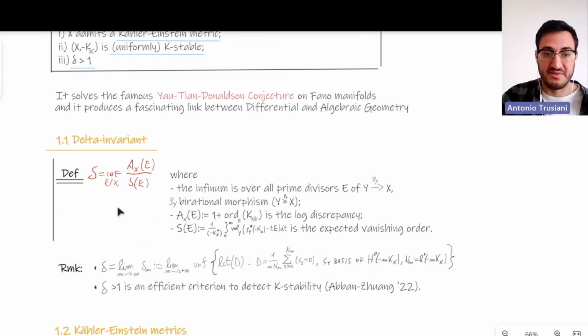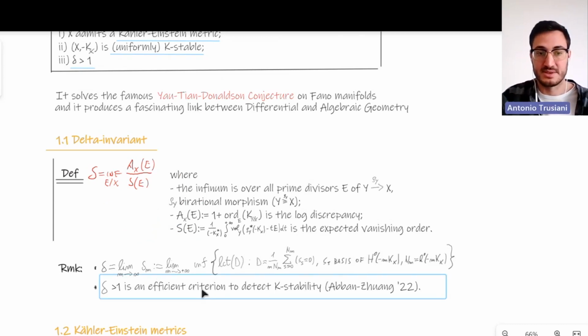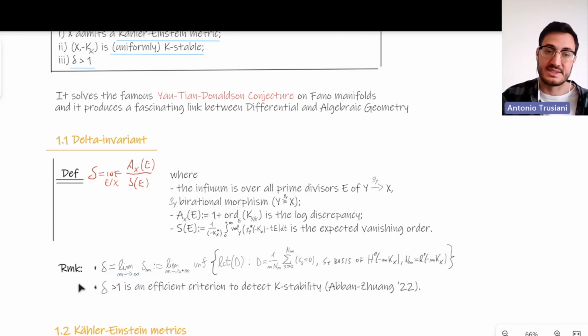To read this invariant in more classical terms, there is this remark where you can see this delta as some kind of asymptotic log canonical threshold, when for any m, you consider a basis of this vector space, and you construct these divisors D that are Q-linearly equivalent to minus K_X, and they are given by this basis.